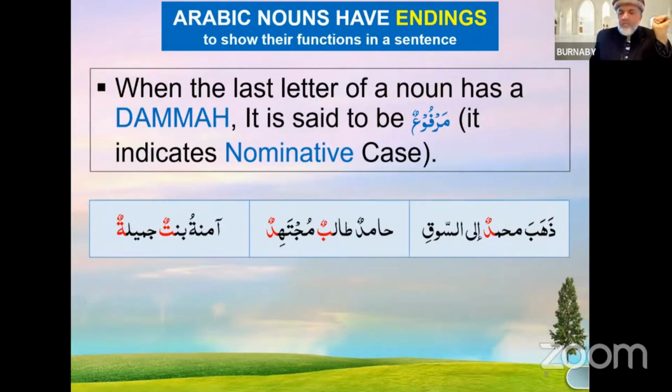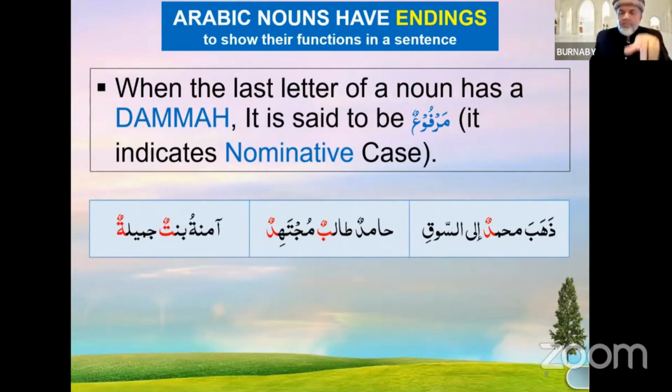Okay. Look at the next sentence. Hamidun talibun mujtahidun. Hamid is a hardworking student. Talibun and mujtahidun, what status is talibun in? Rafa. Mujtahidun, what is its status? Rafa.